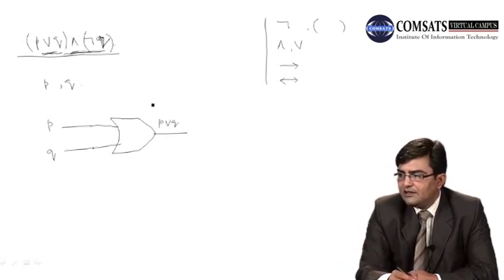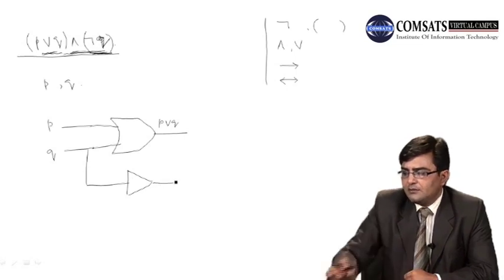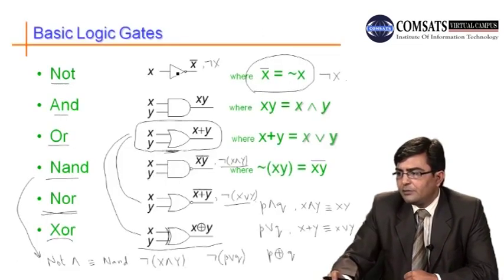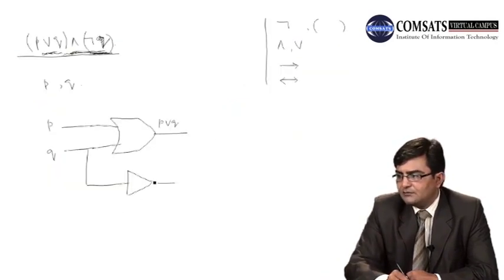Now another we have NOT Q. Preference is given to the NOT Q, and then we draw another line from here, and we draw a NOT operator here. Basically the form of the NOT operator is this, whose output has a little circle also.